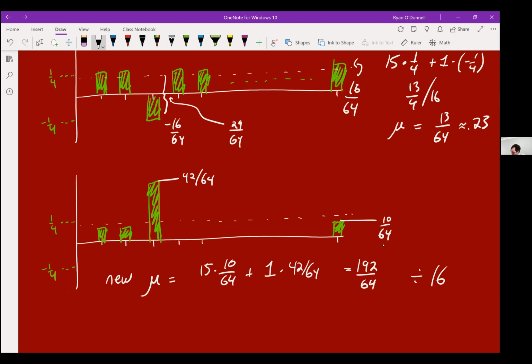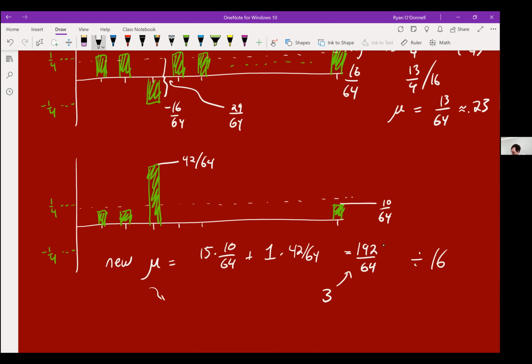What is 192 divided by 4? It's 48, and 48 divided by 16 is 3. So the new average is 3/16, which is 12/64. So indeed, it went down a little. That's right.